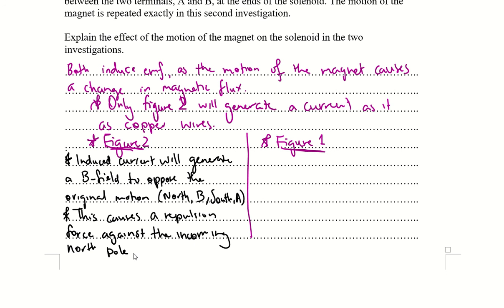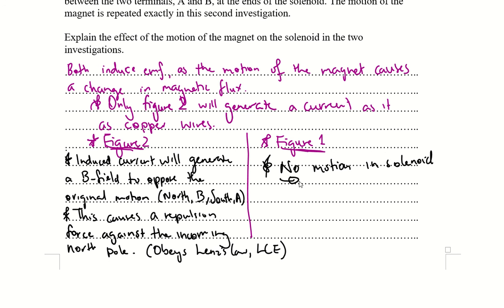And we know why this occurs, because it obeys Lenz's law and law of conservation of energy there. In figure 1, there is no motion in solenoid because there is no force of interaction.